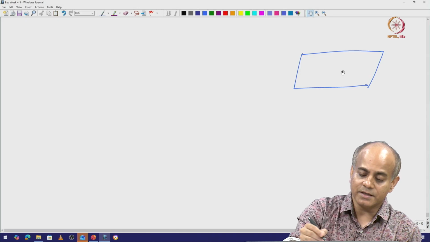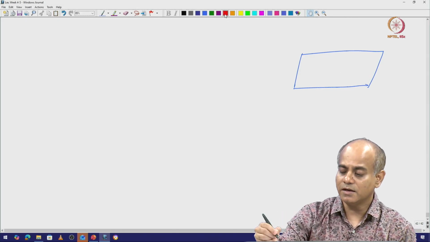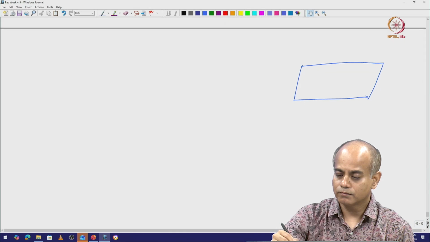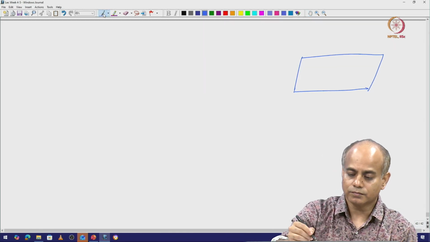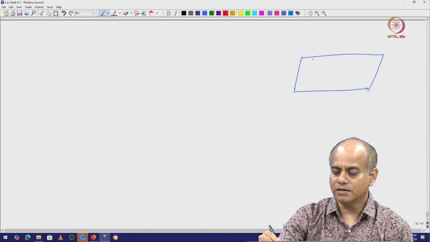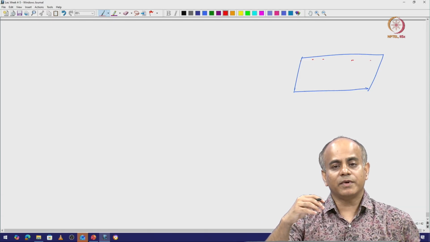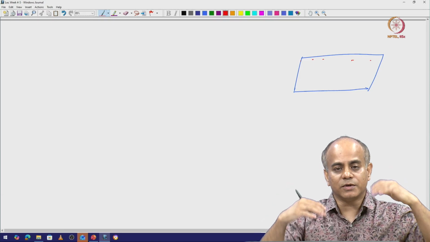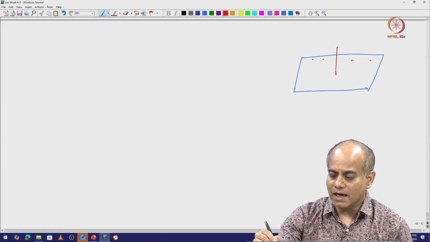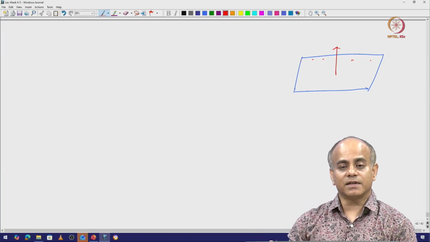So if I have an inversion symmetry breaking material, and there are atoms sitting here, so all these points, there can be off center atoms between them. So an electric field is allowed, electric field breaks inversion symmetry.